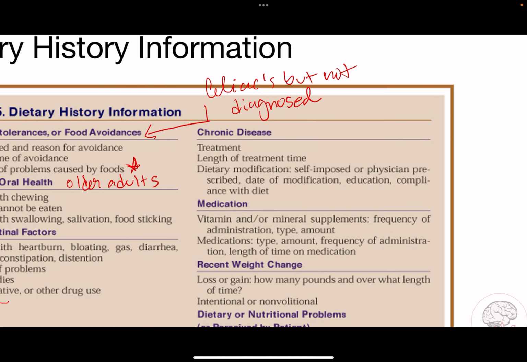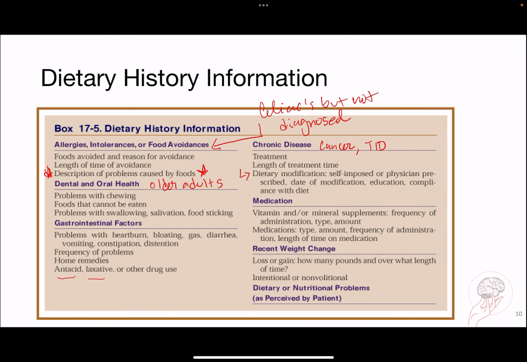So if you are unaware that they have cancer, that's going to make your suggestions less relevant. Another common one is type 1 diabetes. If you don't know that someone has type 1 diabetes, it's really hard for you to determine dietary modifications, or why they are eating the way they are eating.